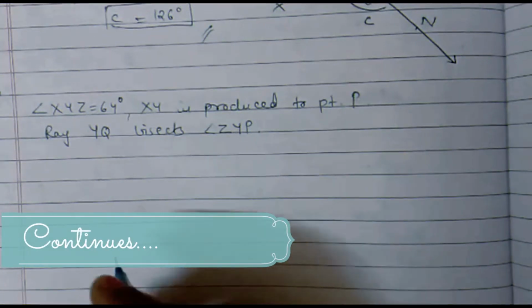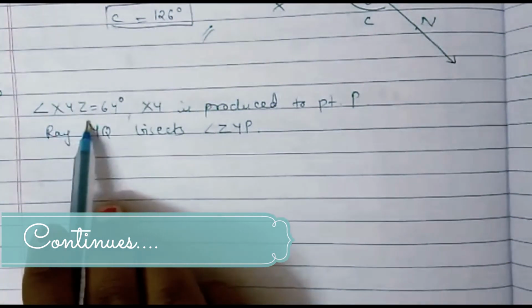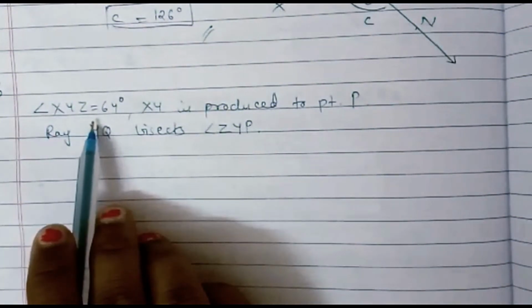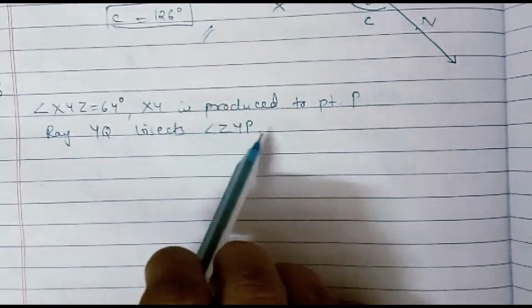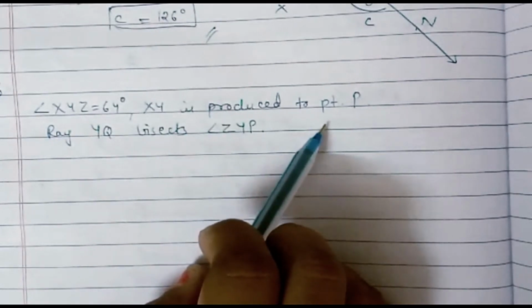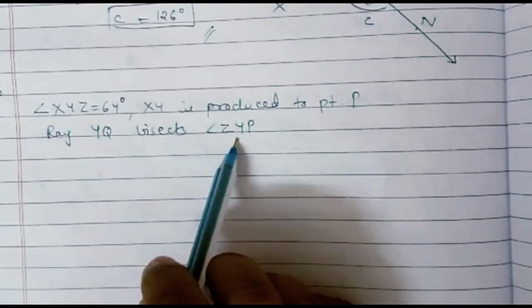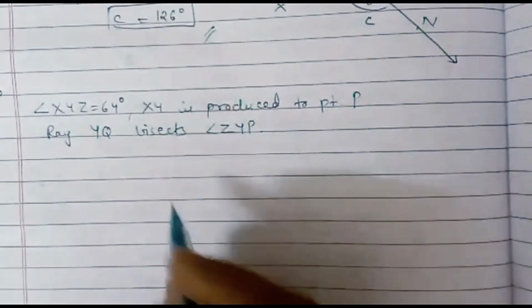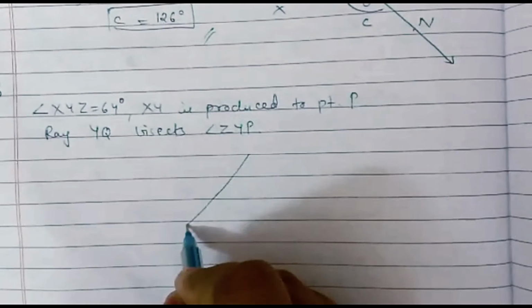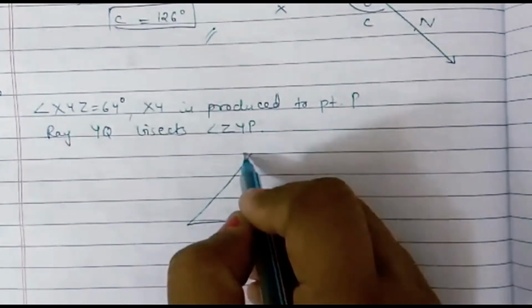Let us start with a new question. It's given that XYZ is equal to 64. XY is produced to a point P and ray YQ bisects angle ZYP. So first of all we will make an acute angle, right?